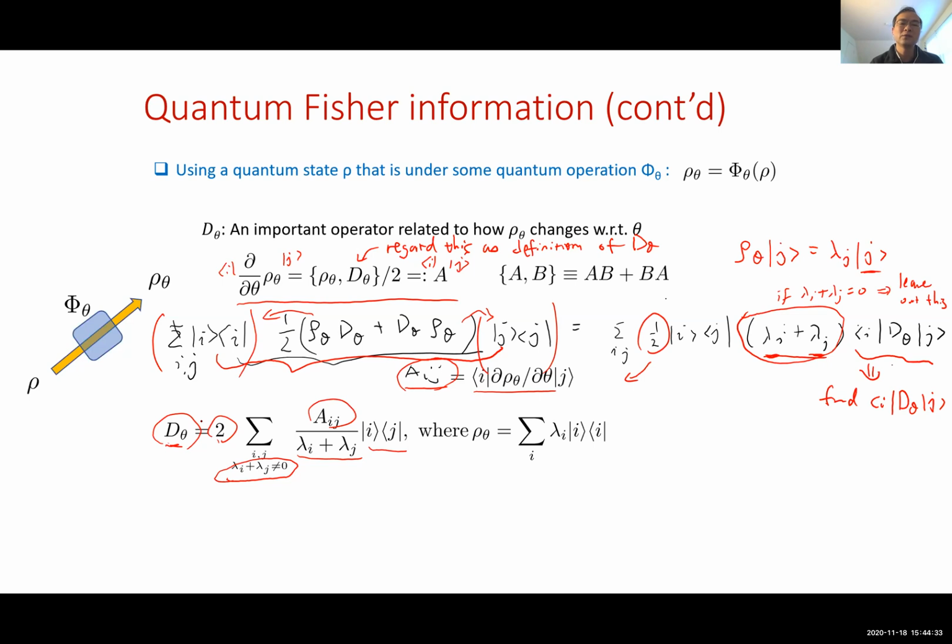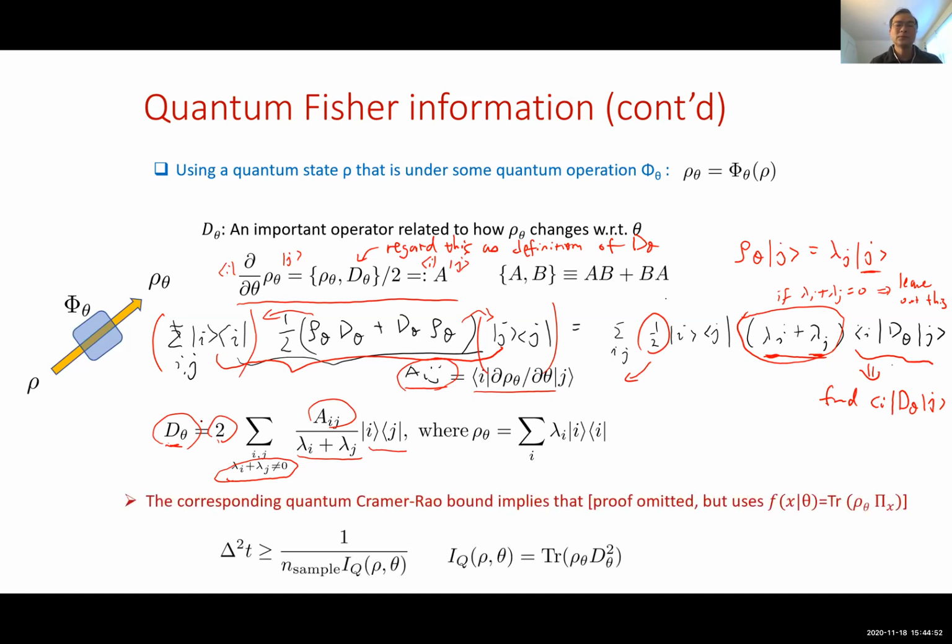D theta is roughly the coefficient in front of rho prime, where prime is the derivative with respect to theta. And then we could apply the Cramer-Rao bound.